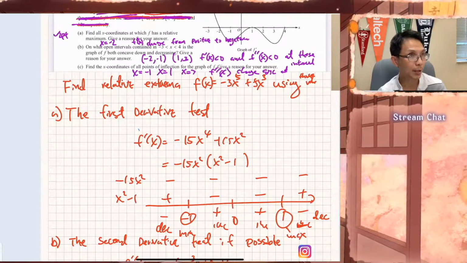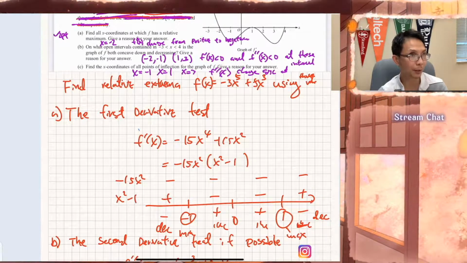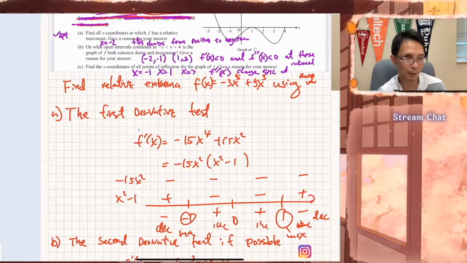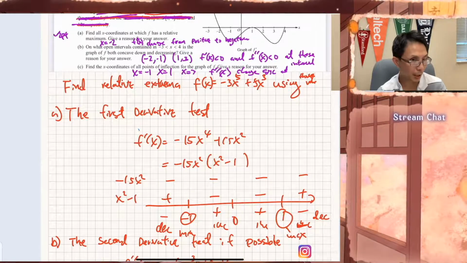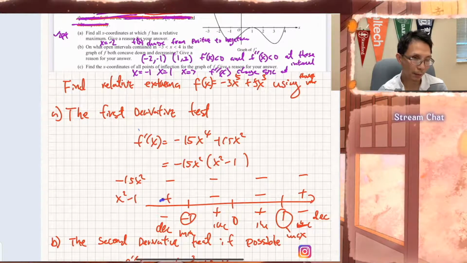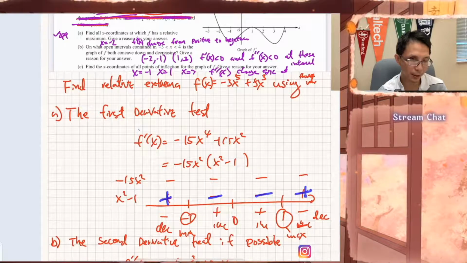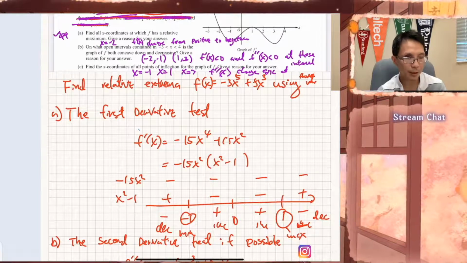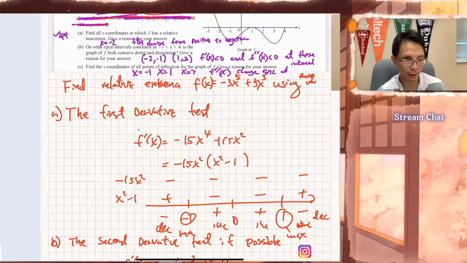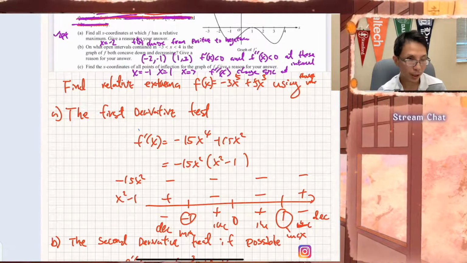Why? Because x squared is always positive and -15 is always negative, so negative times positive is always negative throughout the whole way. I'll plug in x squared minus 1, and now do a number line test, and that's how I get positive, negative, negative, positive here. And that's pretty much switching the signs to negative, positive, positive, negative. So it's going to be decreasing, increasing, increasing, decreasing.